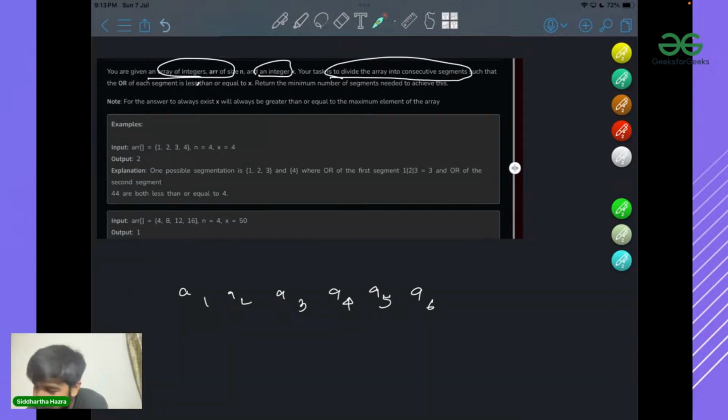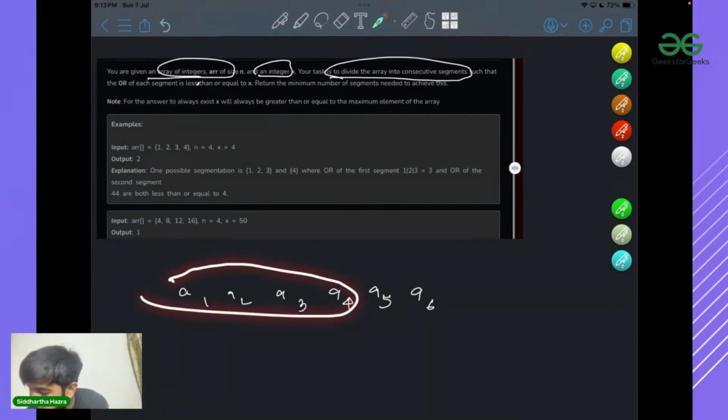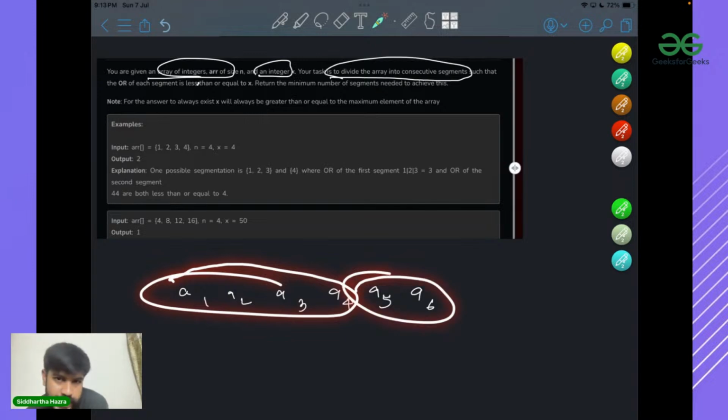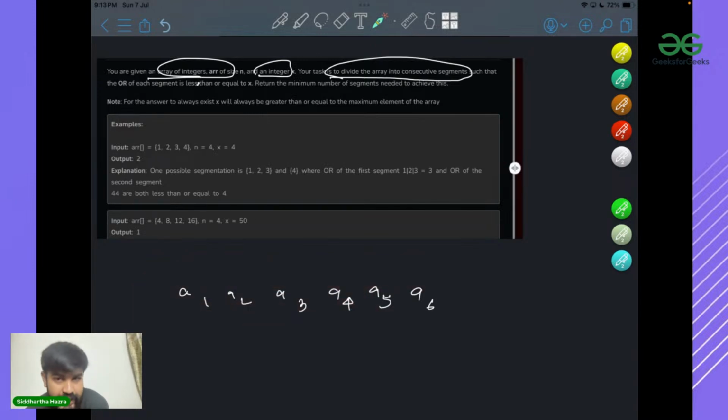So it can be that the first segment is of size 4 and the next segment is of just size 2. So as we have the requirement of unequal segments, for all the people who tried to go towards binary search, if we have unequal segments, you shouldn't go towards the idea of binary search, because binary search performs better where a fixed idea is given, like we are dividing all the arrays into fixed size.